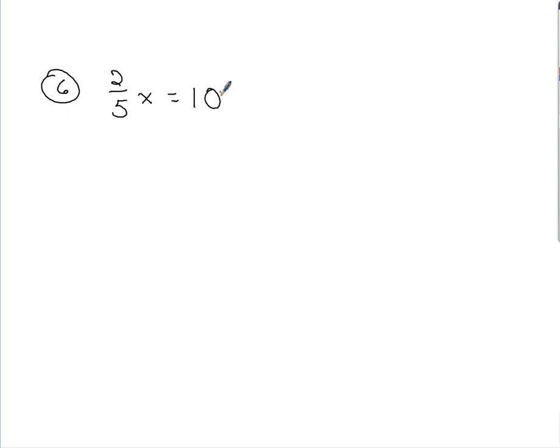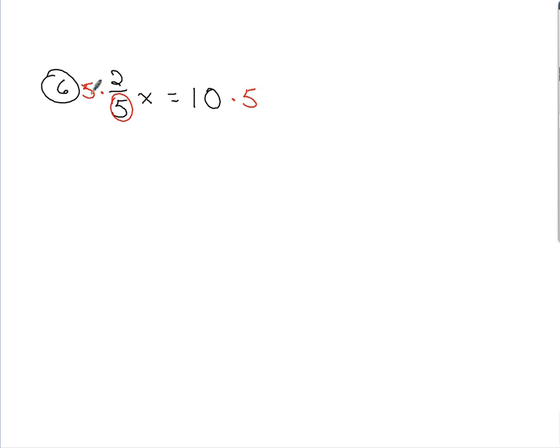Pretty simple scenario here. If I have a fraction present and I would like to cancel out that fraction idea, I would take this denominator, that 5, and multiply both sides by 5. If you multiply both sides by that denominator, it cancels that denominator out.